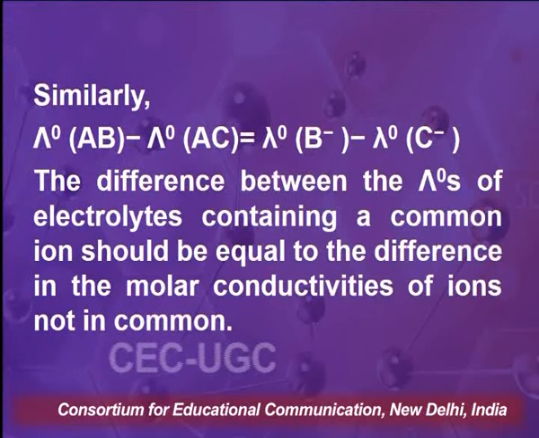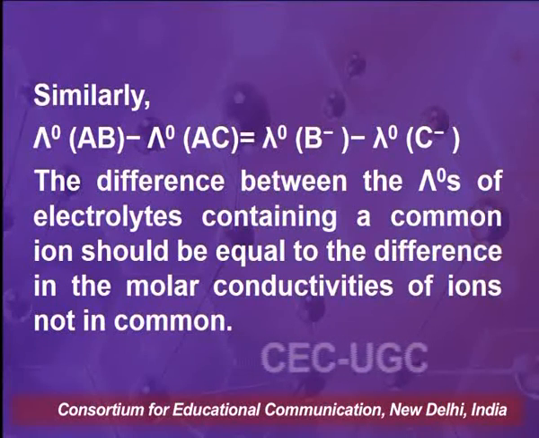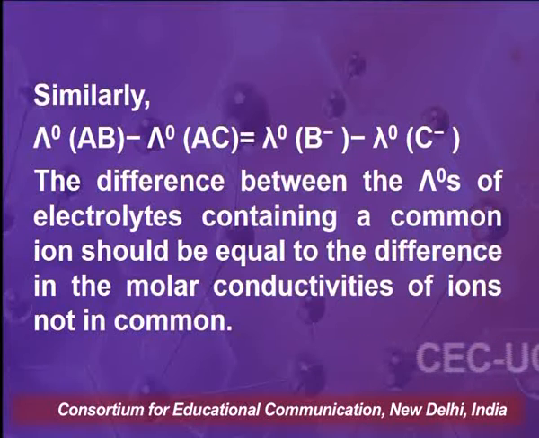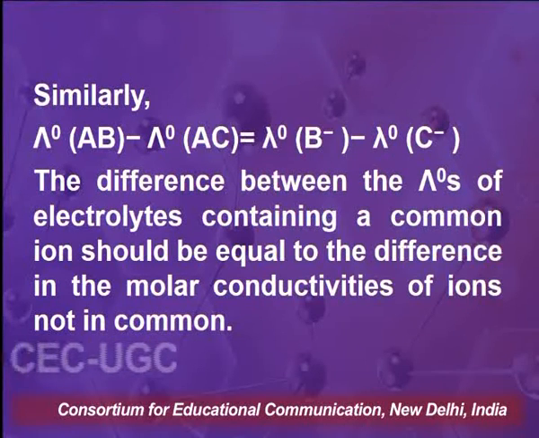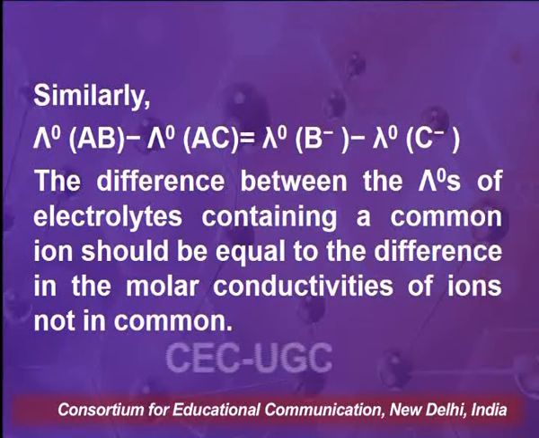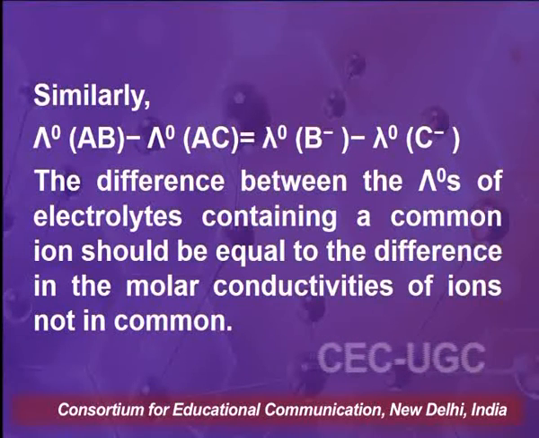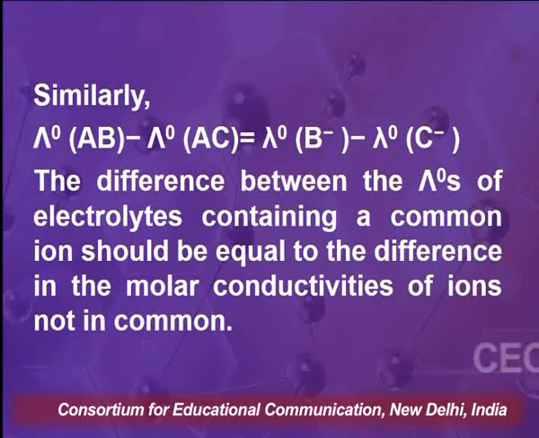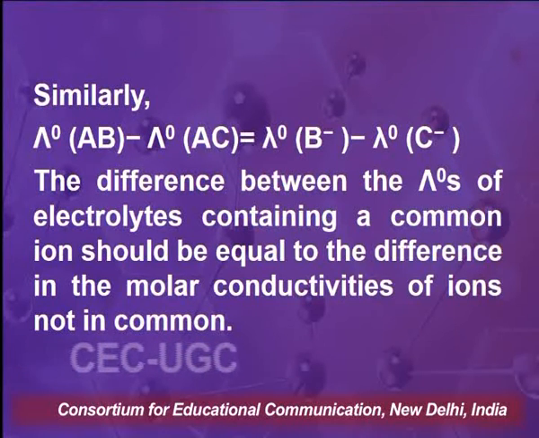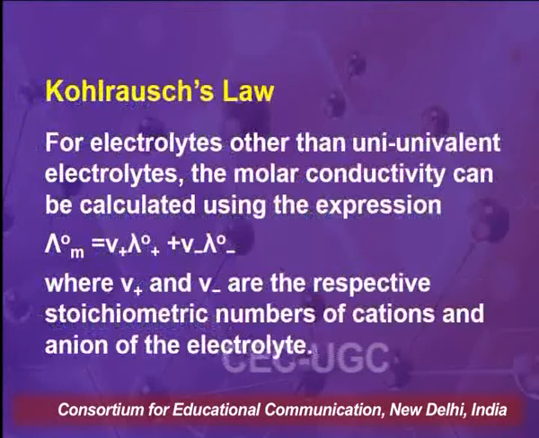And similarly, for the electrolytes AB and AC, the difference between the conductivities is equal to lambda naught B minus minus lambda naught C minus. The difference between the lambda naughts of the electrolytes containing a common ion should be equal to the difference in the molar conductivities of ions not in common.